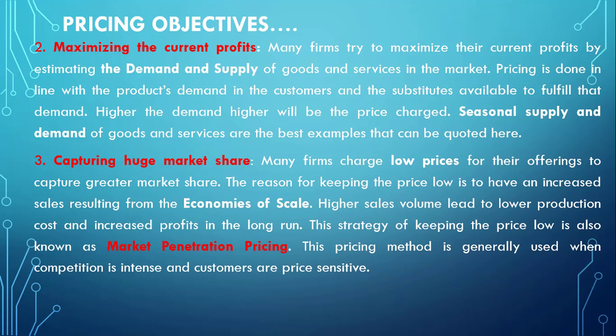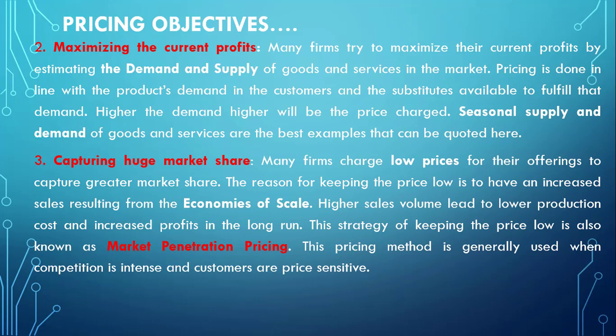Whenever it is off season, meaning the demand is going down, then you are going to decrease your price too. So it is a fluctuating price. You are going to increase the profits for the short term, and this is known as maximizing the current profit. That is the second objective.